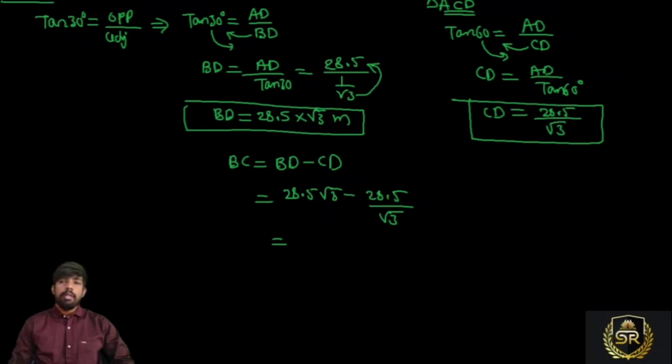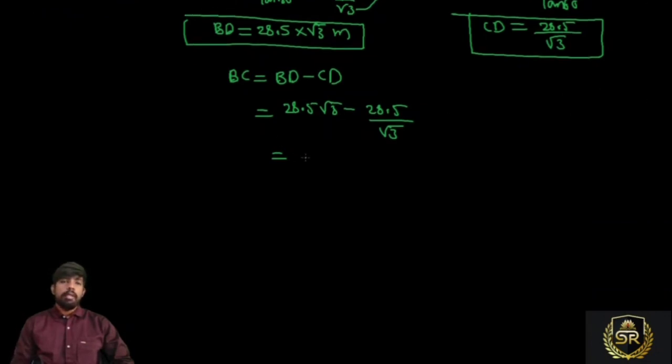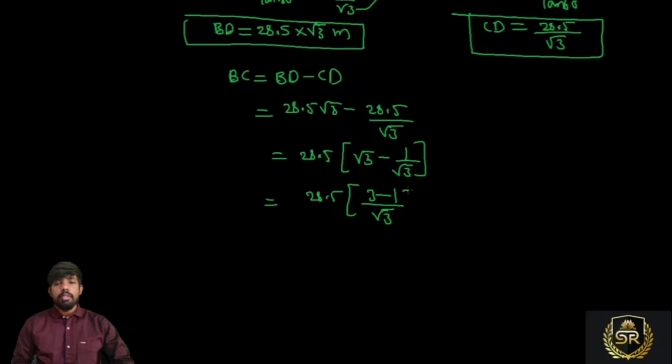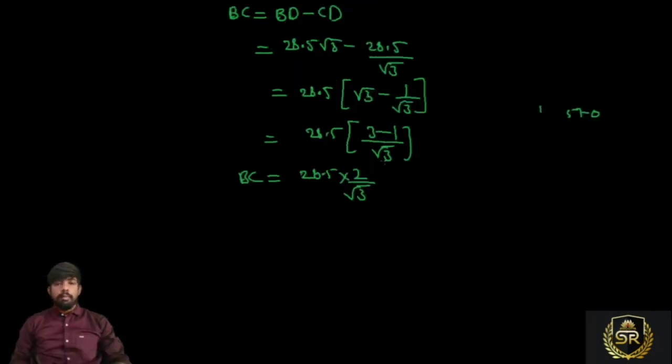Taking 28.5 common, this is root 3 minus 1 by root 3. So we can write it as 28.5 into 2 by root 3. So the BC distance is this.